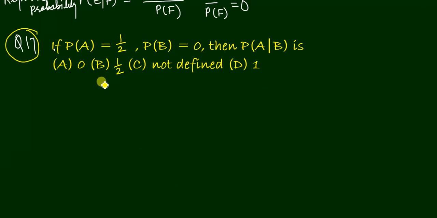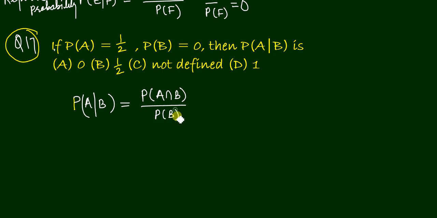Question number 17. Here the probability of A is given, it is 1 upon 2, and the probability of B is given, it is 0. We have to find the probability of A when B has already happened. We know that the probability of A when B has already happened is equal to the probability of A intersection B divided by the probability of B. And in this question the probability of B is 0.